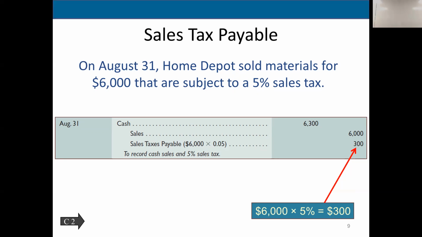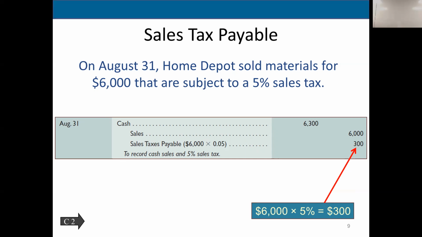Think of it as the Home Depot now. You're tracking what's in that sales tax payable, because at the end of every month, let's just say, what must they do with that sales tax payable? Pay it to the state. Home Depot has to track, remember, that's a liability.